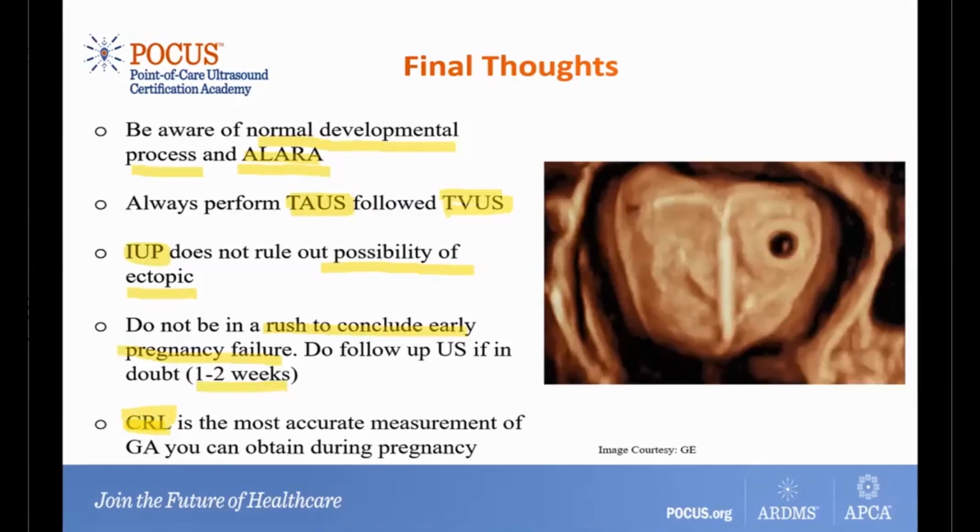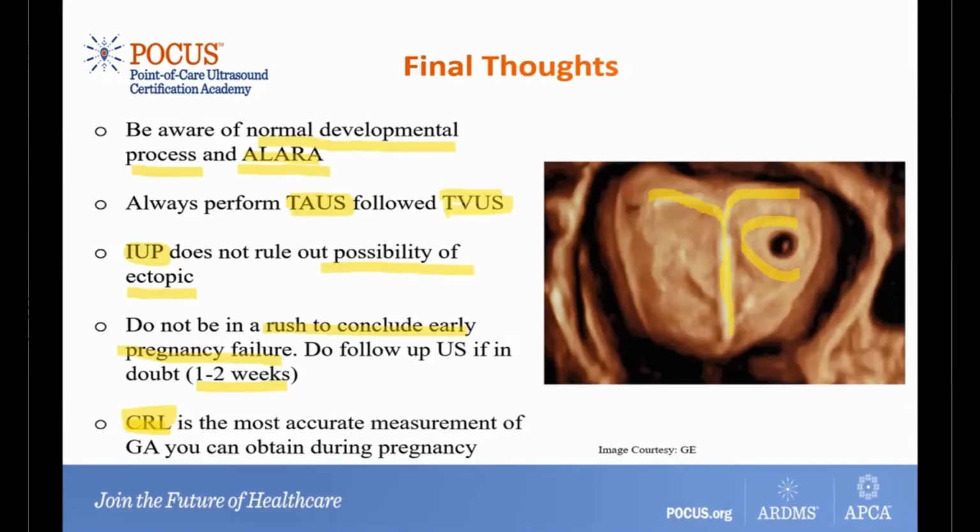On the right hand side, I have an image which was obtained using a 3D transvaginal transducer, and you can see something really interesting. You see an intrauterine contraceptive device, and also you see an intrauterine pregnancy. I like this image because you can be shocked at times when you're scanning.